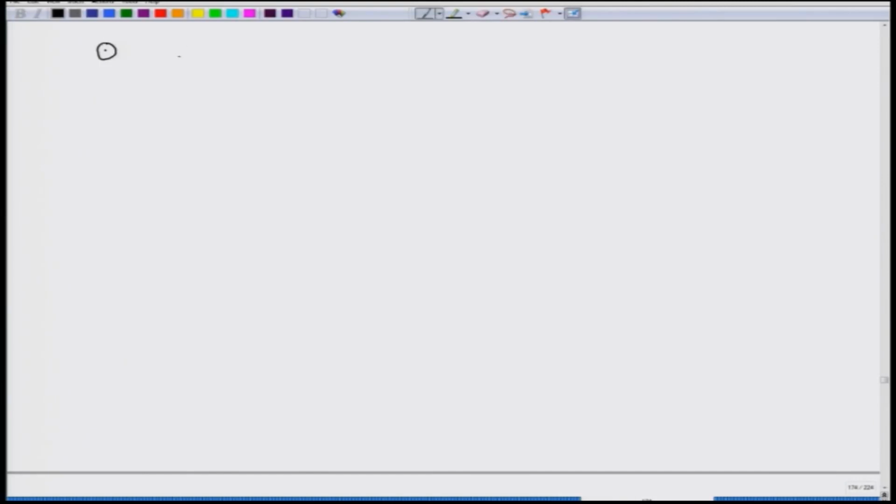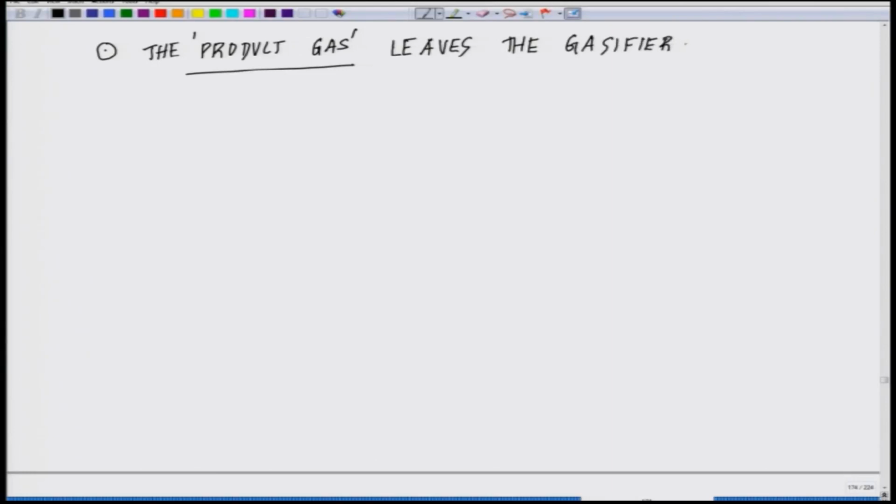The product gas, which is your actual product you are looking for, leaves the gasifier unit at a temperature T degree centigrade or around 900 degree to 1000 degree centigrade.